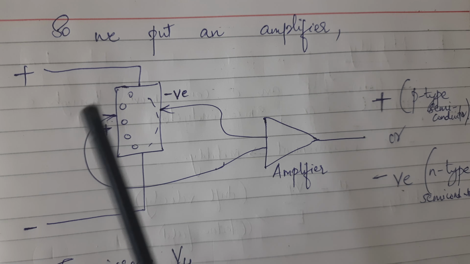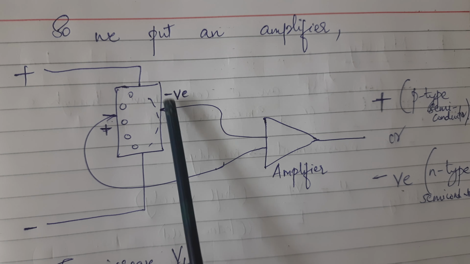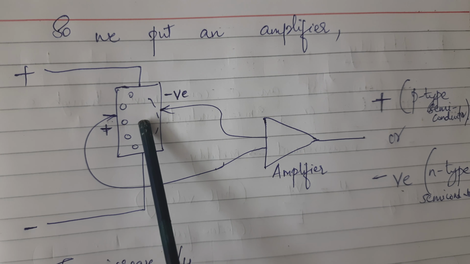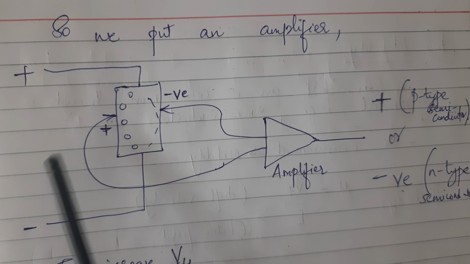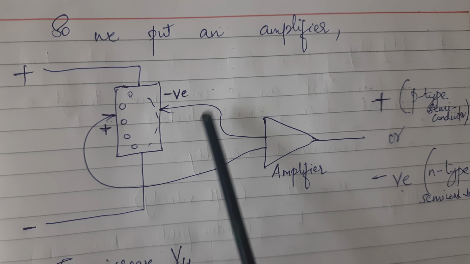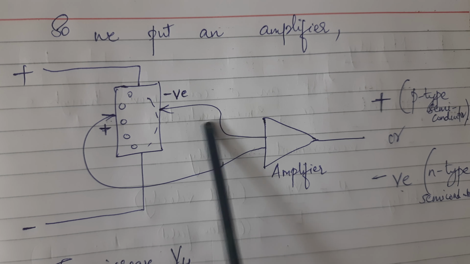If you want to increase the voltage developed across this after putting it in the magnetic field, the induced voltage, the Hall voltage, we have not shown the magnetic field here, but the magnetic field is there.